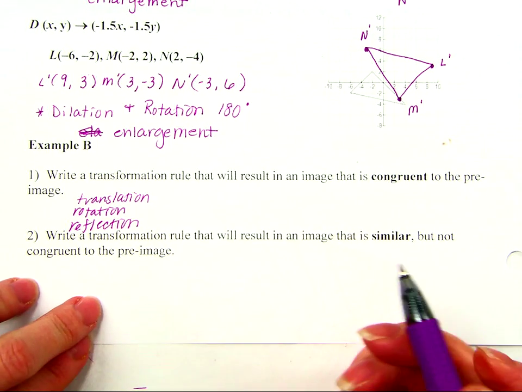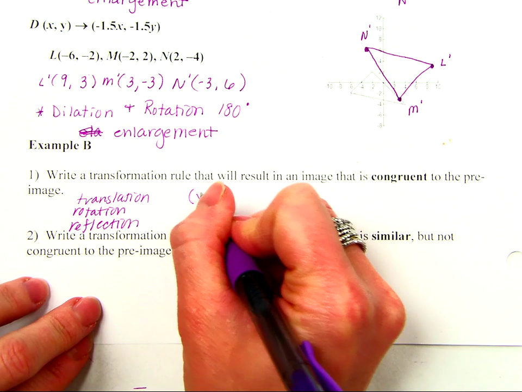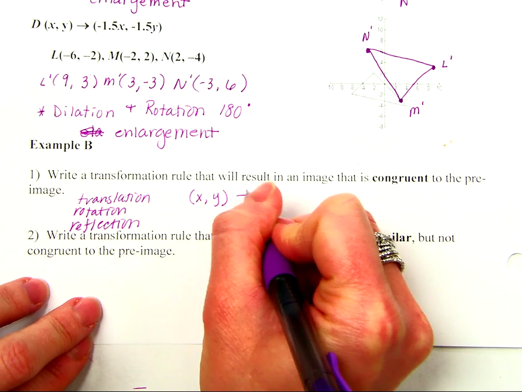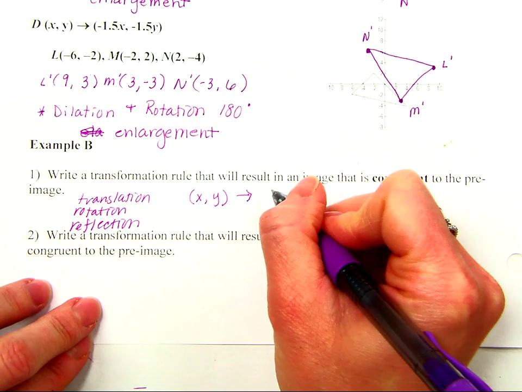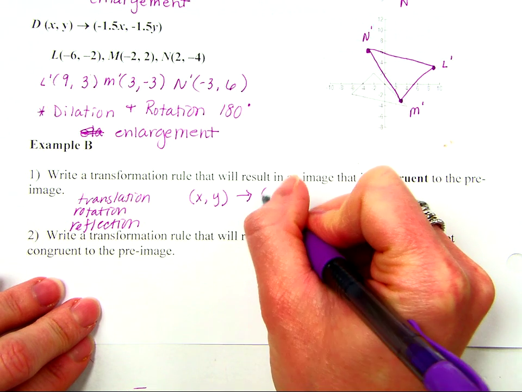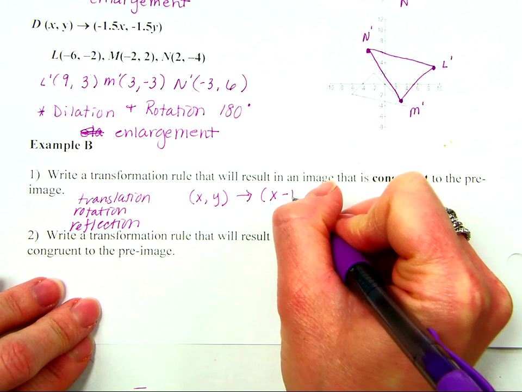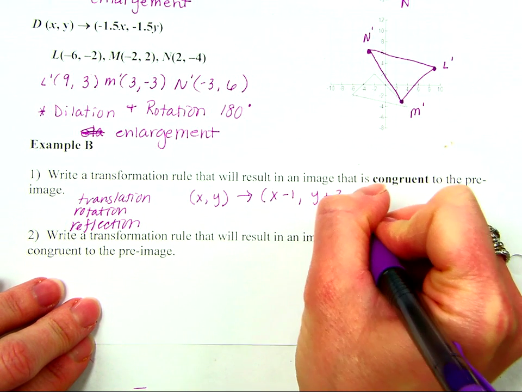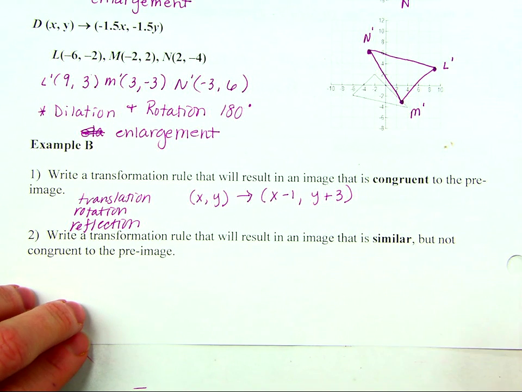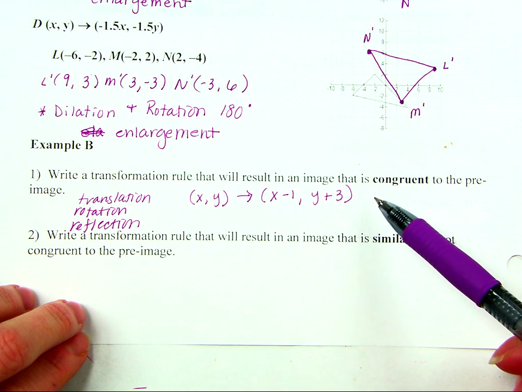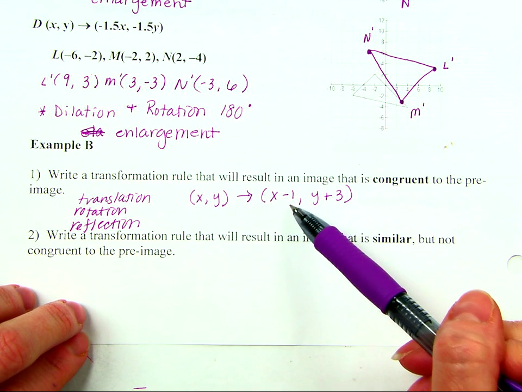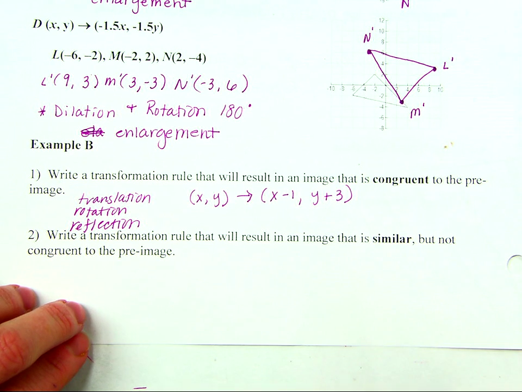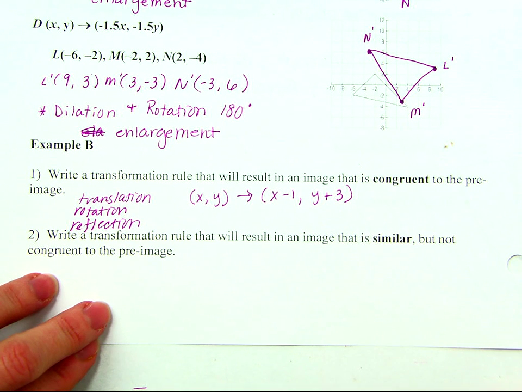Let's say we want to write a translation rule. Well, we're going to write it in arrow notation, just like above. Maybe I'm going to say, take x, y, and map it to the point x minus 1 and y plus 3. We know that would result in a slide, a translation, right? We would go left 1 unit and up 3 units. That would be one example.